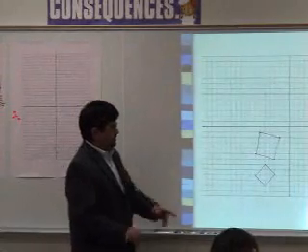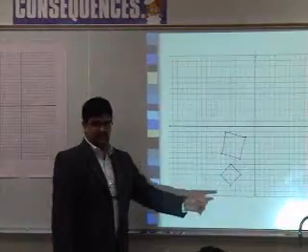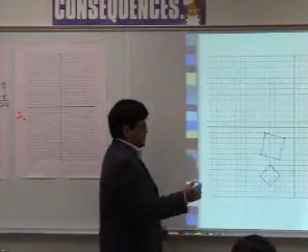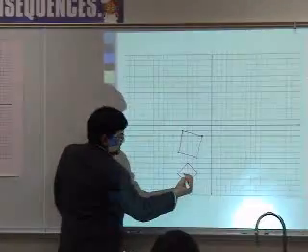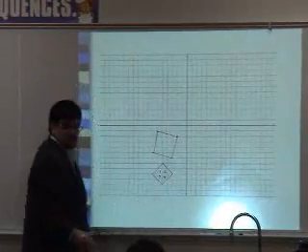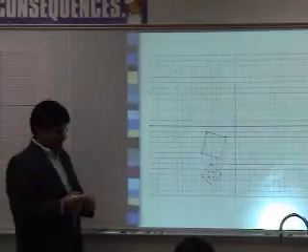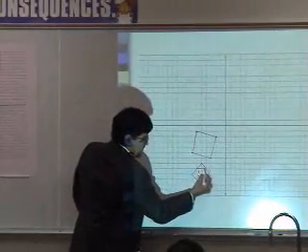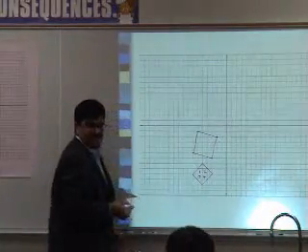So I'm going to find the area of this square in the additive mode. I say I have 1, 2, 3, 4 square units right there. And then these pieces right here are halves.